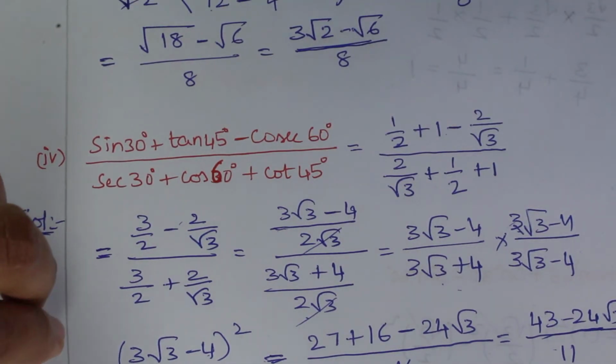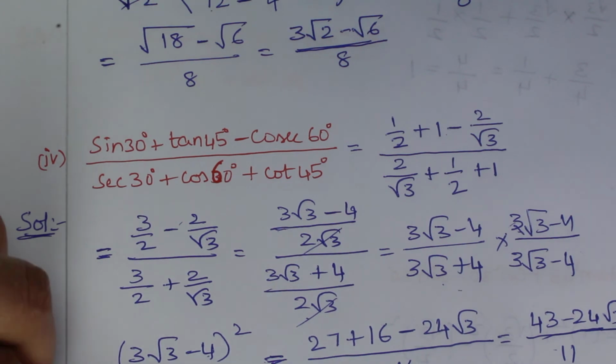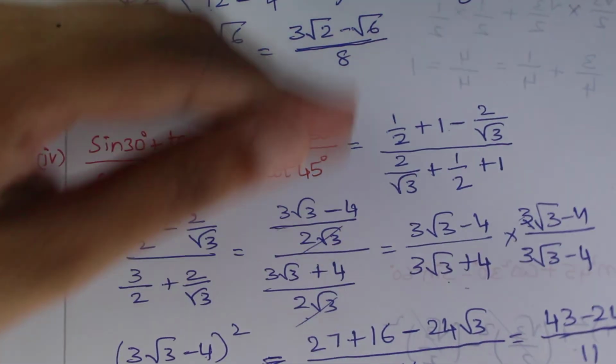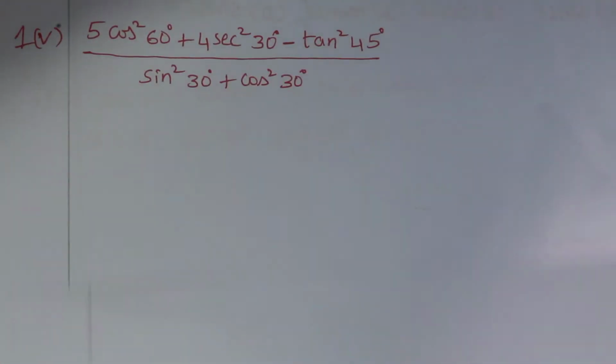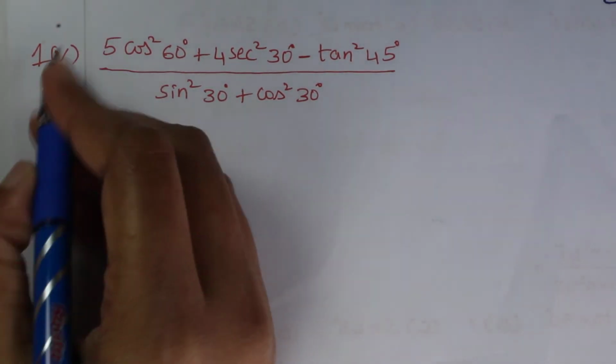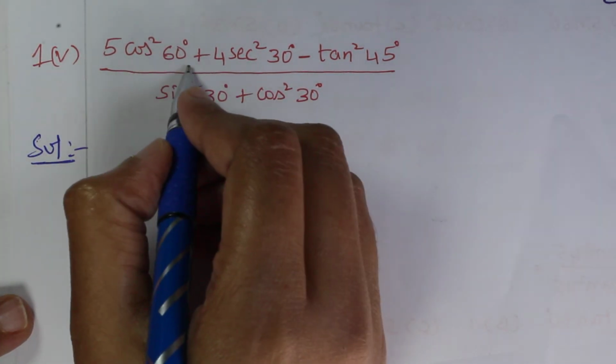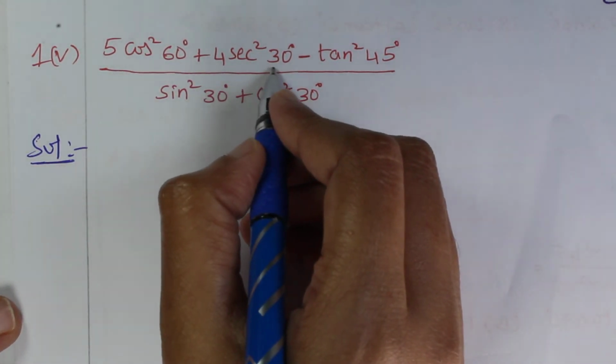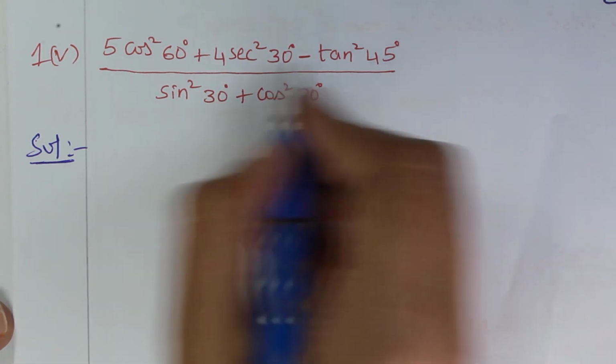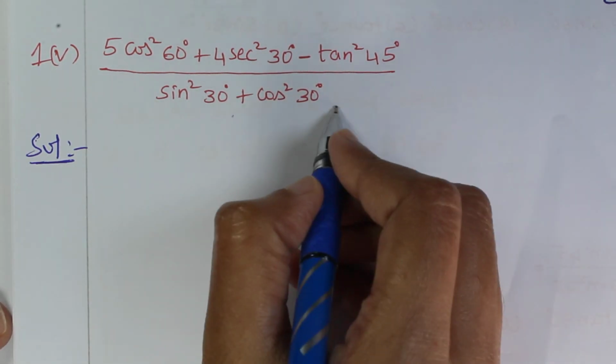Now let's move to the last question, last part of this question. Five cos square 60 degrees plus 4 secant square 30 degrees minus tan square 45 degrees divided by sin square 30 plus cos square 30.